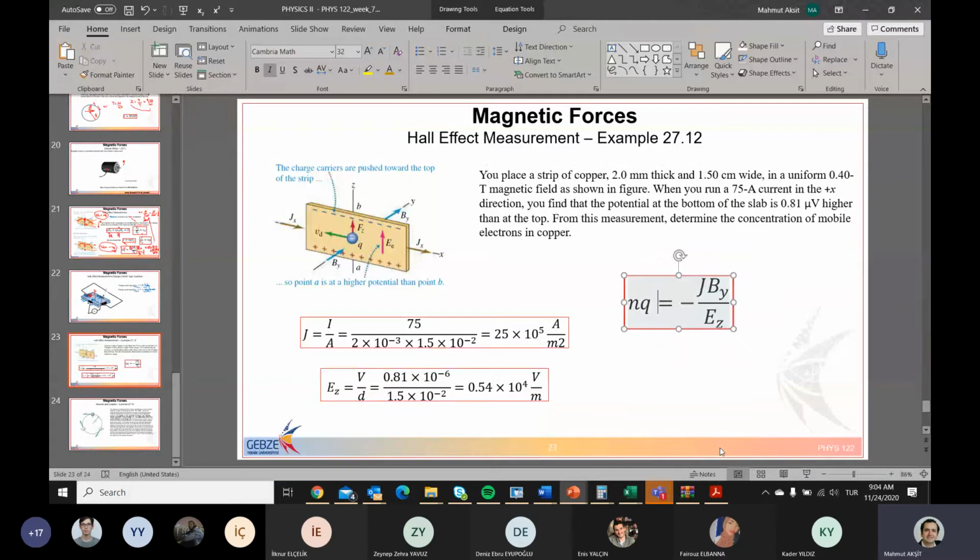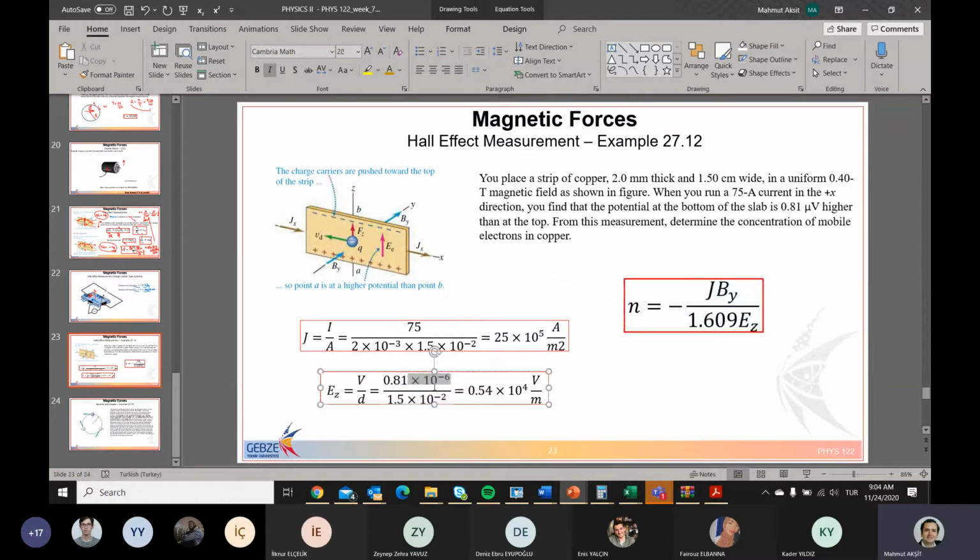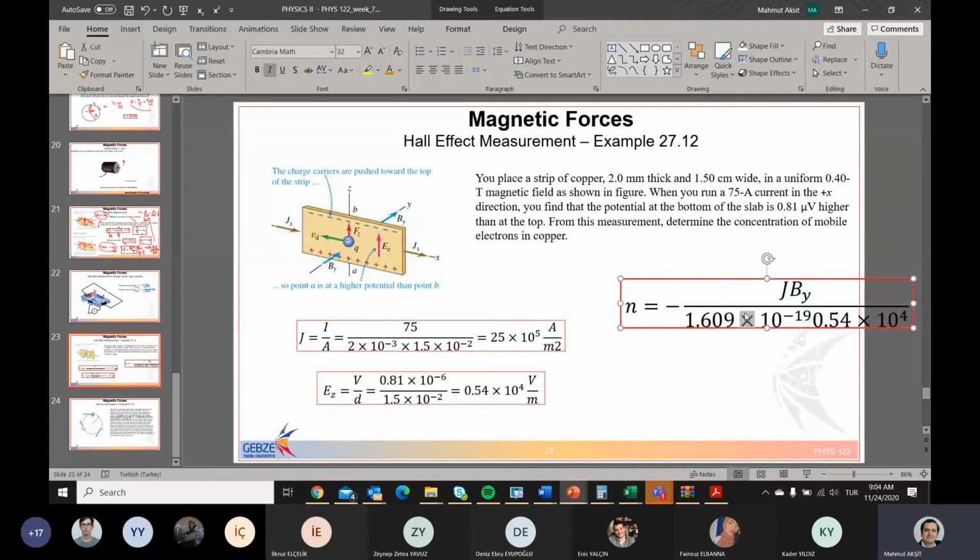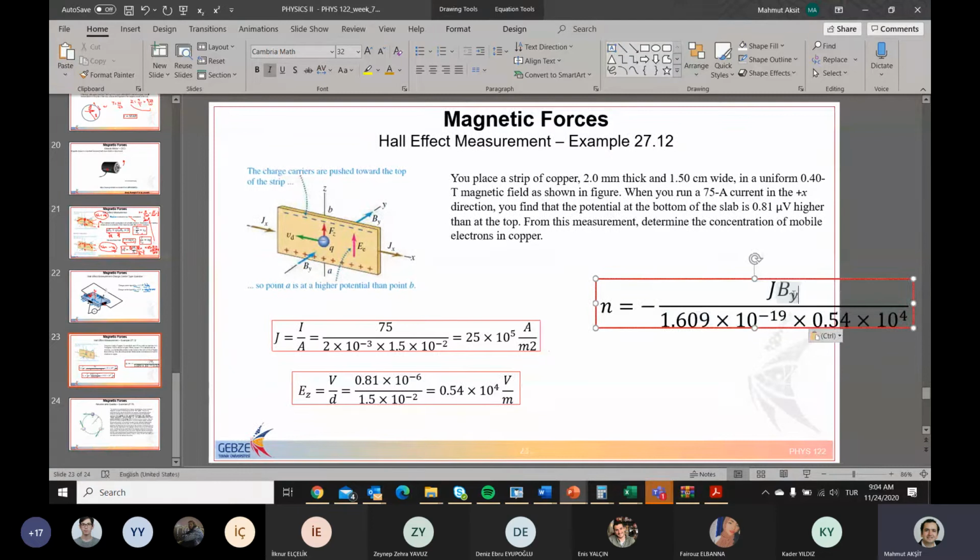And you put everything in. So you put more Q here. Since it's electrons, it's 1.609 times 10 to the minus 19 coulombs. E is E. The magnetic field is given as 0.4 Tesla.